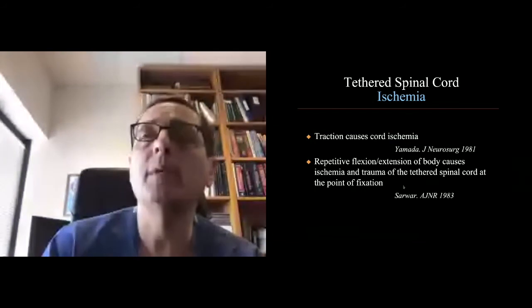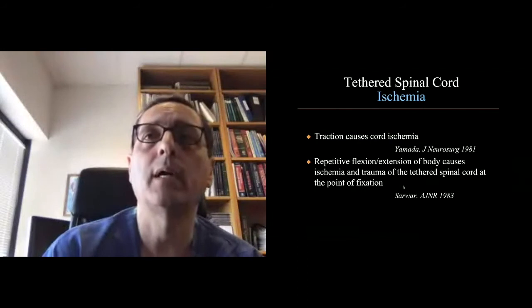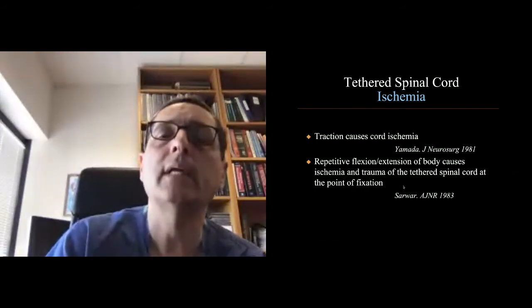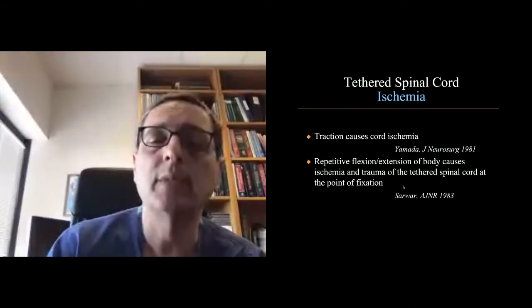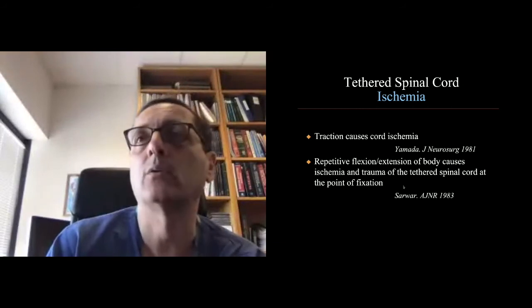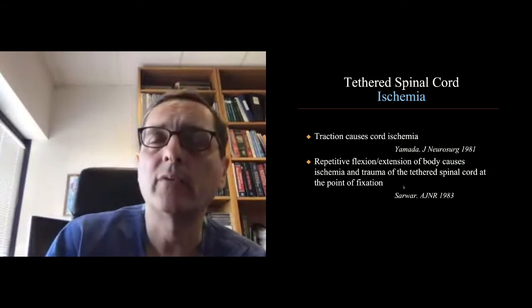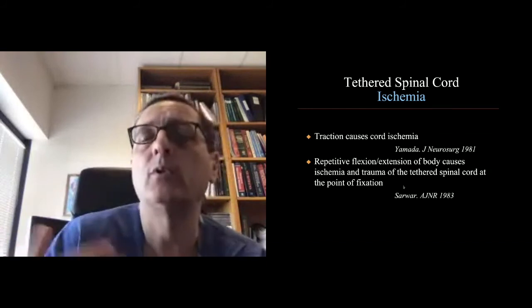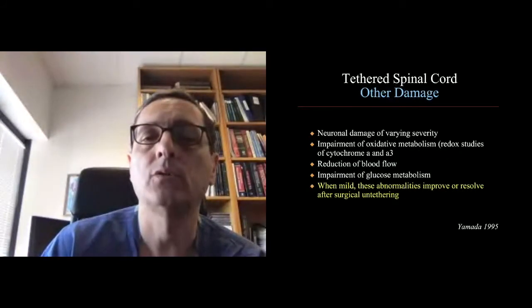So Shoki Yamada years ago has shown in animals that if you apply traction on the filum terminale, meaning that you're pulling down on the spinal cord, you can cause ischemia and glucose metabolism problems in the spinal cord. And if you then release that traction, it reverses the ischemia. However, if you continuously apply traction for a long time, we know that ischemia could become permanent, could cause permanent damage to the conus.